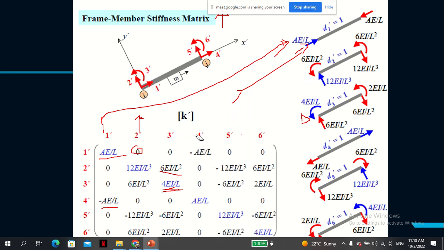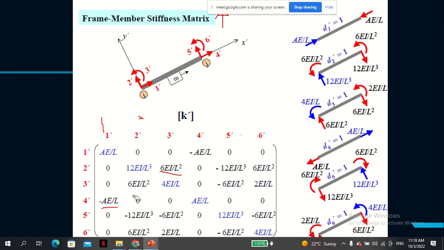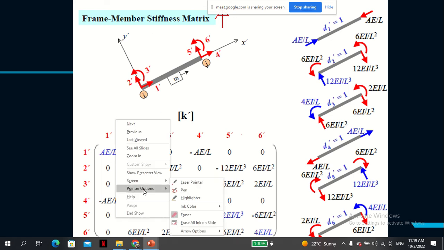I cannot stress this enough. Hopefully it makes sense to someone. You need to know how many degrees of freedom you have. Each degree of freedom, you apply a unit displacement, ignoring everything else, and then try to solve the stability of the beam. That's all. I think that's the simplest I can put it.